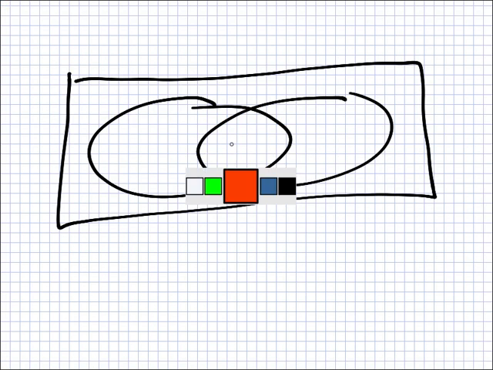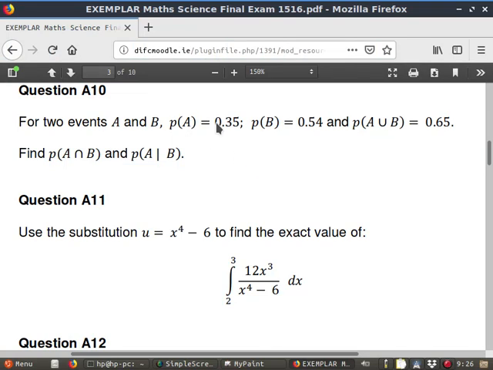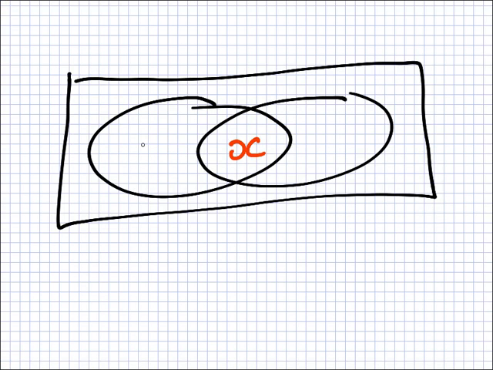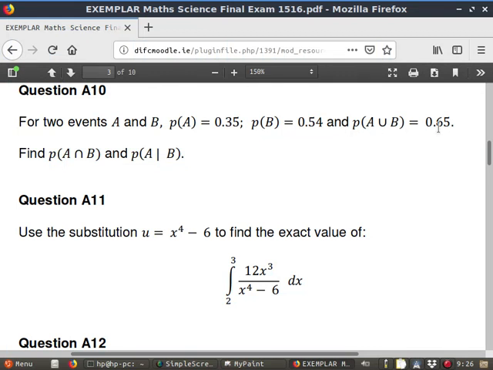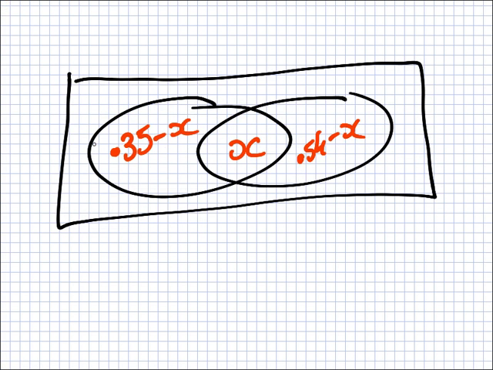As normal, we'll call the middle one X. Probability of A is 0.35, so this one here is 0.35 minus X. And then the other one is 0.54 minus X. And you also know that A union B is 0.65. So if you add these all together, you should get 0.65.